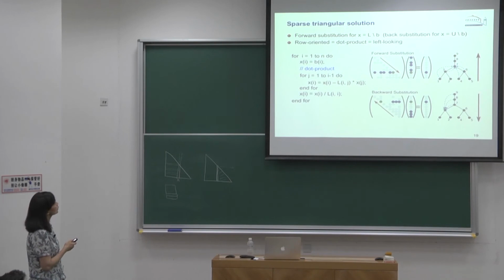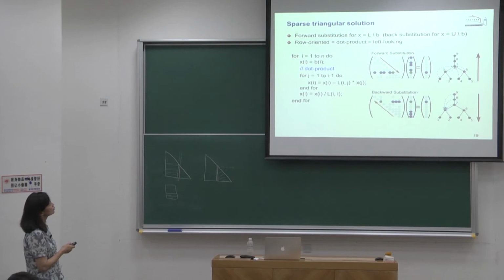So this pseudocode is the dot product version, which uses row-oriented storage, compressed row storage, for example. And it's left-looking. So for example, at this stage, this is your x vector, that's your b vector, the right-hand side. All the components here of x are already computed. And then my current step is to compute x of i, the ith component.